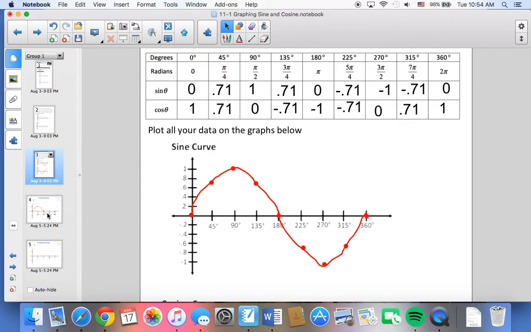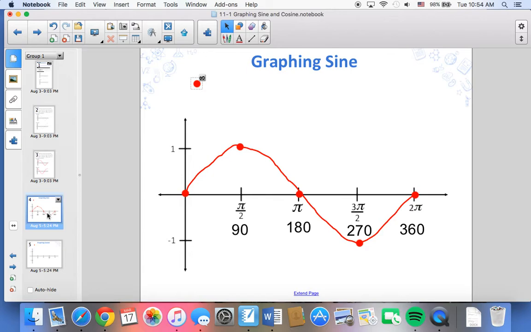But now that we know, we can make our lives easier and graph 5 basic points. In this case, I went from 0 to 2 pi, and I put the degrees there just for you to see them this one time, although we tend to graph in radians. So we graph sine of 0, sine of 90, sine of 180, sine of 270, and sine of 360. I graphed those points and connected them with a curve.